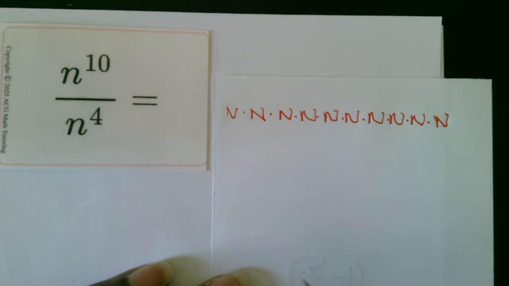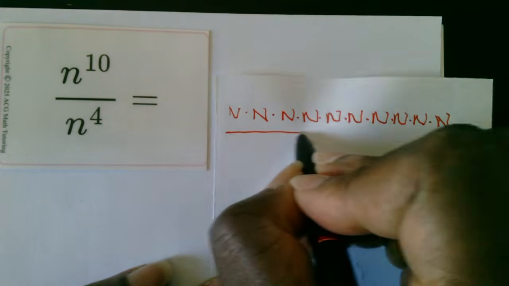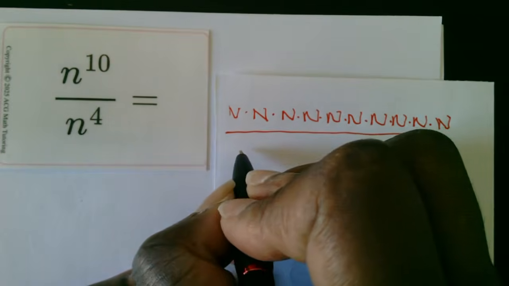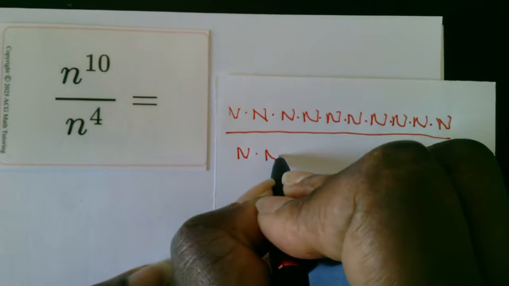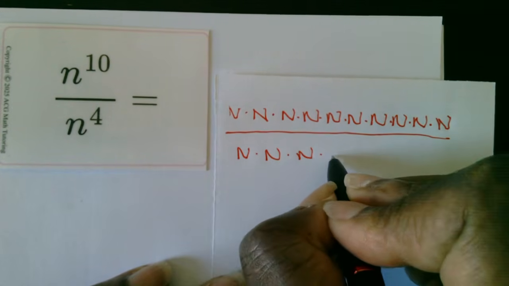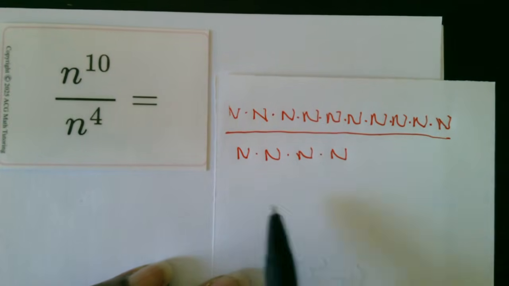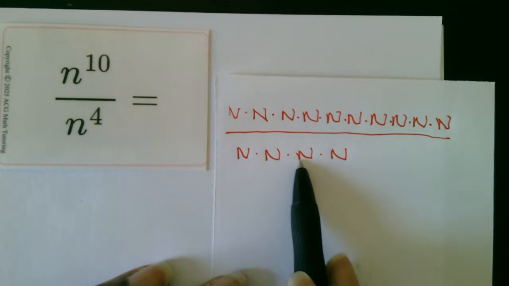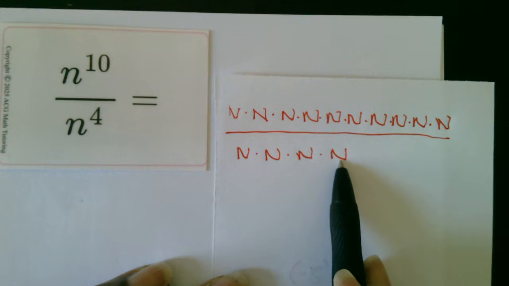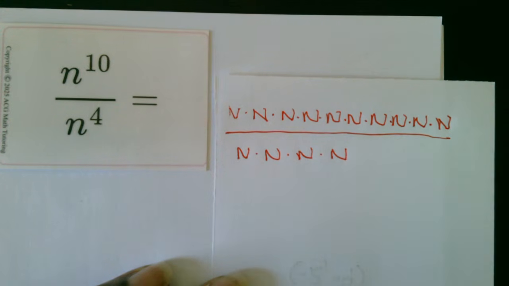Then my denominator has n to the fourth, which says I'm multiplying that base of n 4 times.